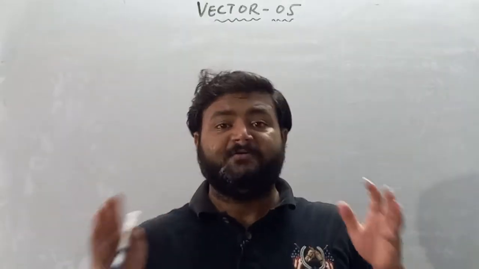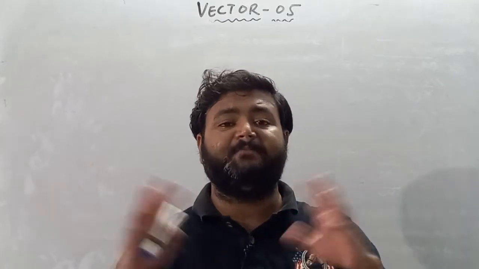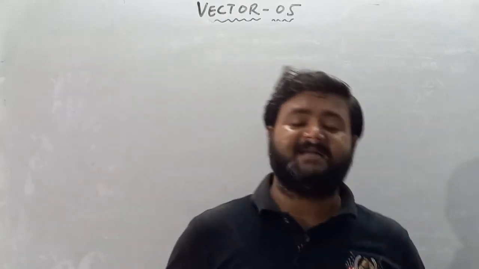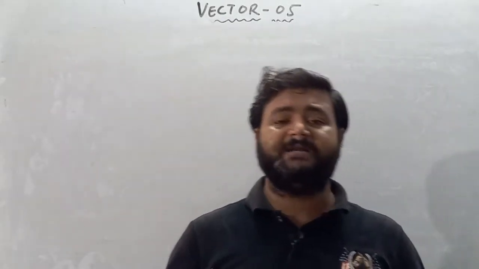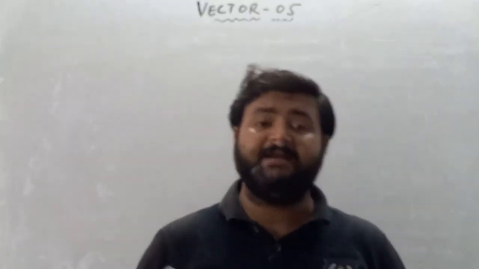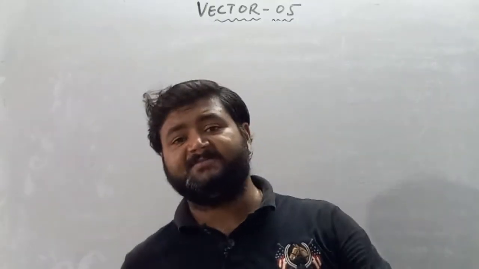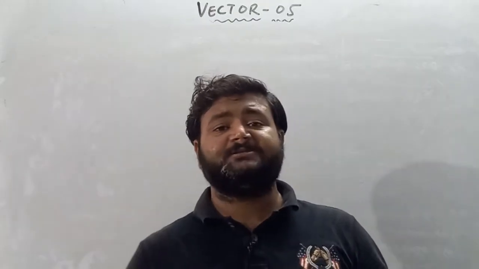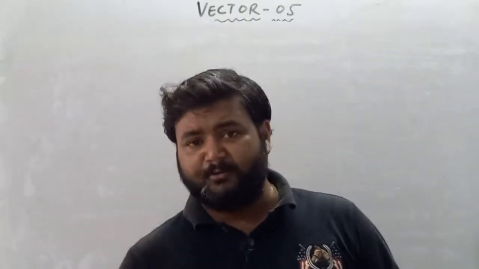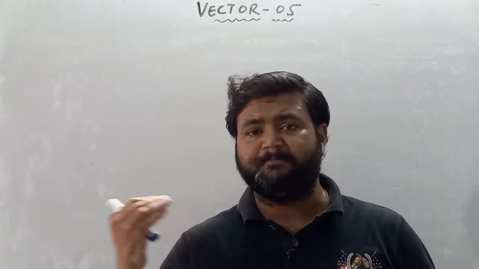Now, in 5 days, we'll only discuss the basic frame of vectors so that we can understand the chapter motion in a straight line, or rectilinear motion, as well as projectile motion, which is also called two-dimensional motion, or motion in a plane.